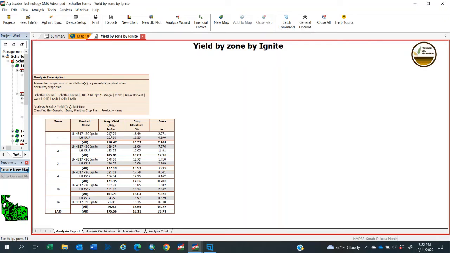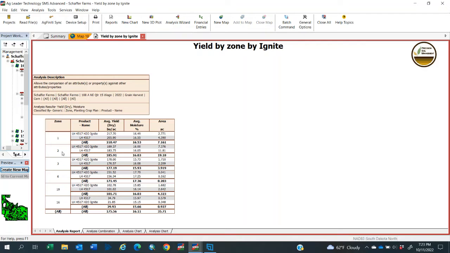Here's the difference in yield. It's not quite 12 bushels more with water and Ignite. When I saw this, I had to do it multiple times and make sure. And the acres are significant enough that that's an accurate sample.